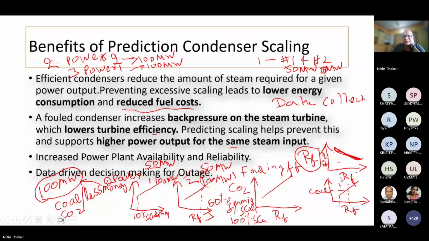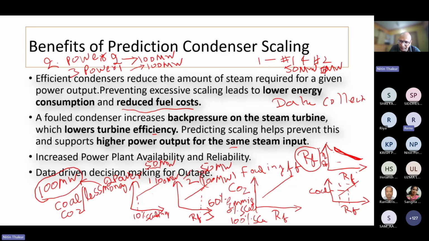Yeah, Nitin, I hope if you're saying that power plant 1 is having a 10% scaling, so better we can run that, but you're limiting the capacity also, 50 megawatt. Both the power plants have 100 megawatt capacity. Yeah, but currently you are running at 50 megawatt.